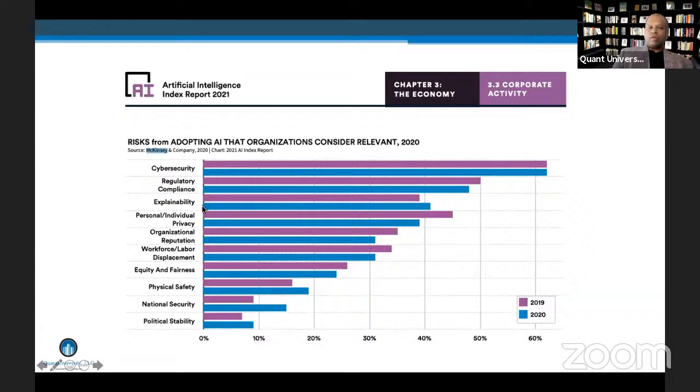Explainability is getting more and more focus. But when you think about the discussion in the context of algorithmic auditing, there's been a lot of emphasis on fairness, equity and ethics. But as you can see, this is not that highly ranked. Many of these themes are predominantly of focus, which is regulatory compliance, explainability, etc.